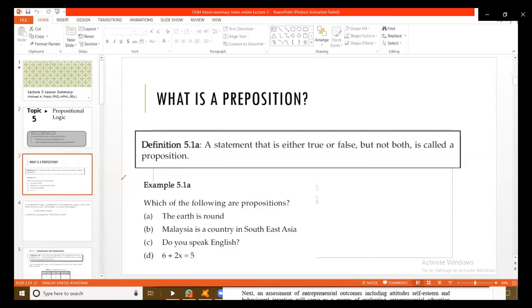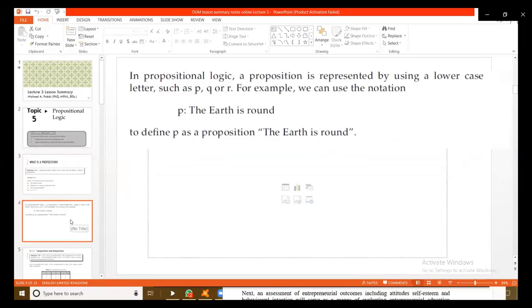Now let's take some other examples. In prepositional logic, a preposition is represented using a lower case letter such as P, Q, R, S. If we have just one statement, we use the first letter, which is P. If there are two statements, we use P and Q. If there are three, we have P, Q, R, and for four, P, Q, R, S. But what we should take note of are the letters capital T and capital F in prepositional logic.